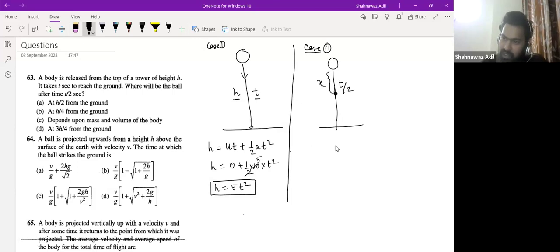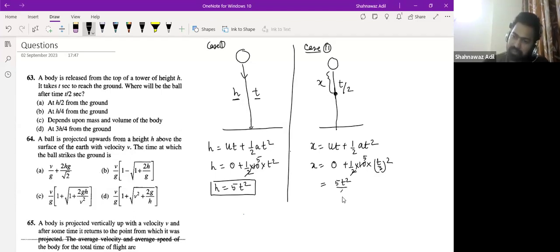So x is ut plus half at square, and time is t by 2. Putting the values, u is 0, and half of 10 times t by 2 whole square. This is 5t square by 4. We already know that 5t square is h, so x would be h by 4.